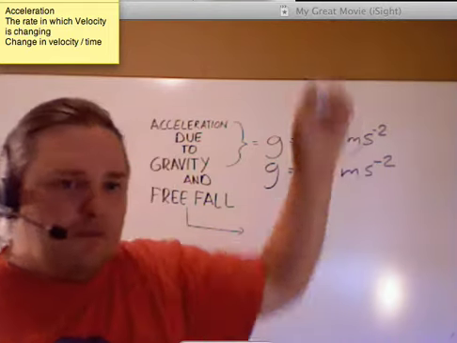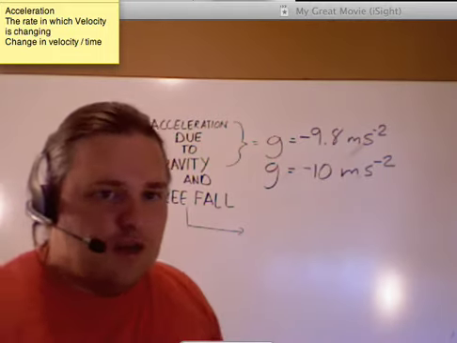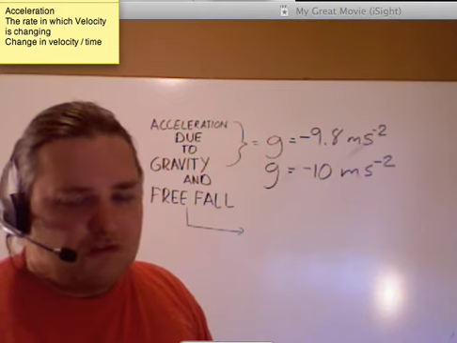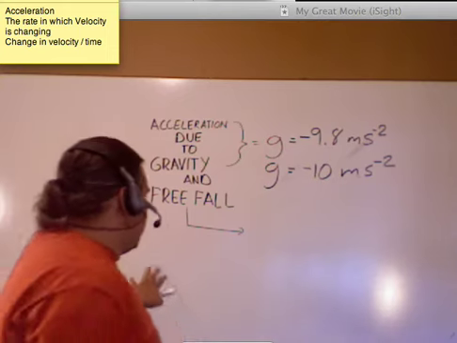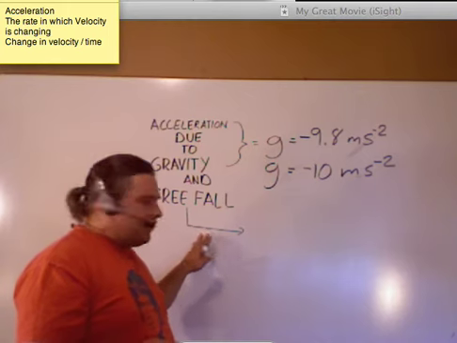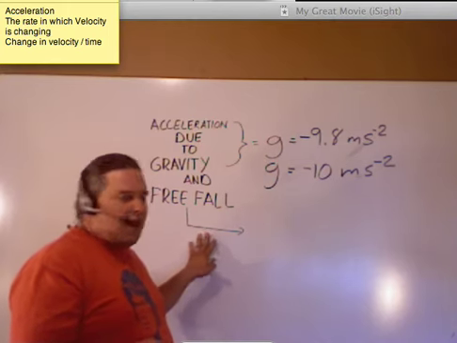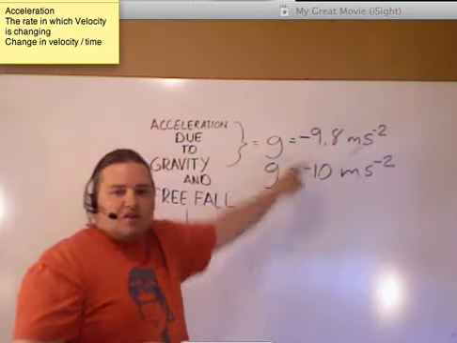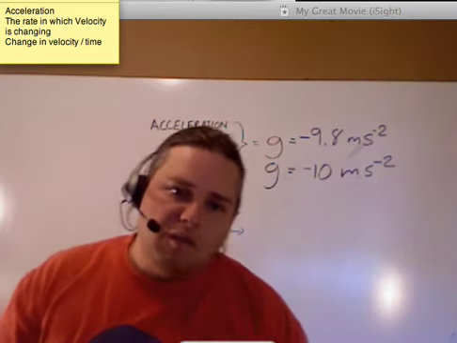It's being pulled and being accelerated at the acceleration due to gravity, 9.8 meters per second squared. Okay, so free fall by definition means that an object has no support, it's not being held up by anything, and is falling towards the Earth at an acceleration of negative 9.8 meters per second squared.